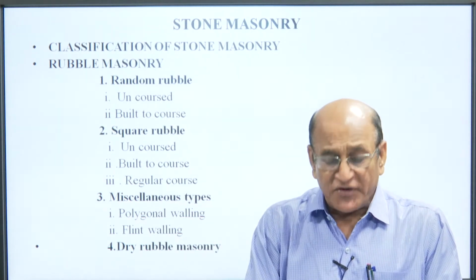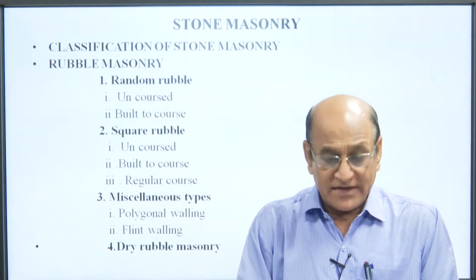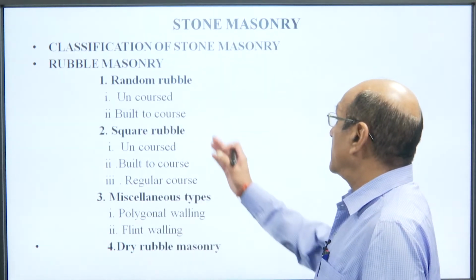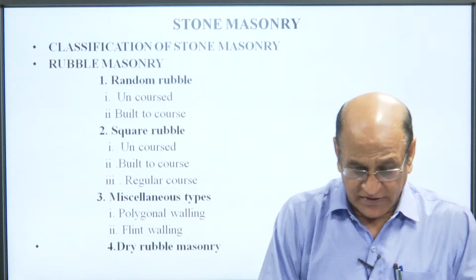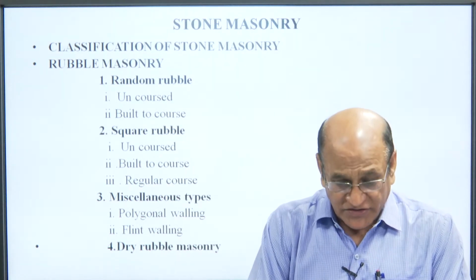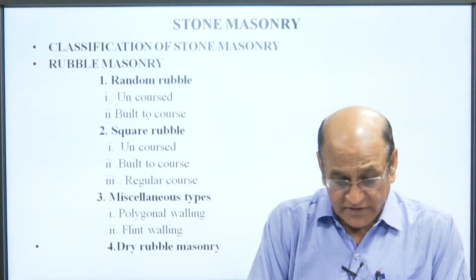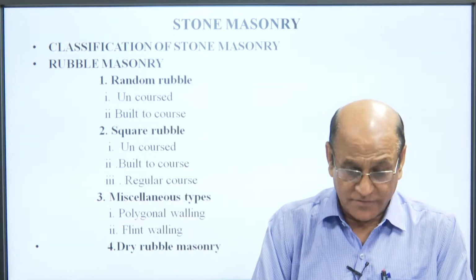The classification of stone masonry: the first is rubble masonry, which has random rubble, uncoursed and built to course.